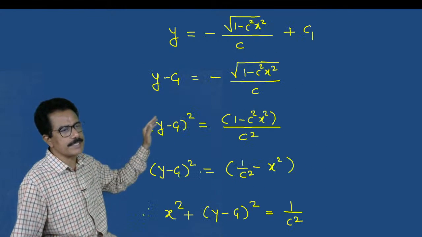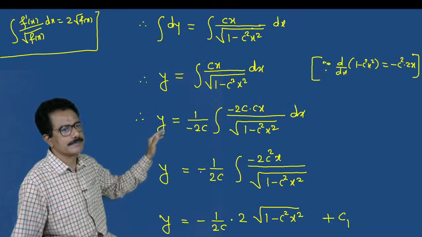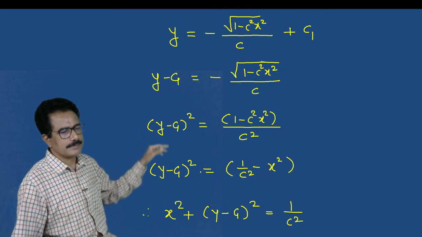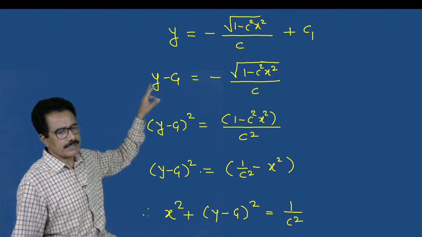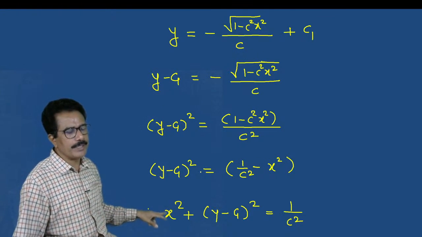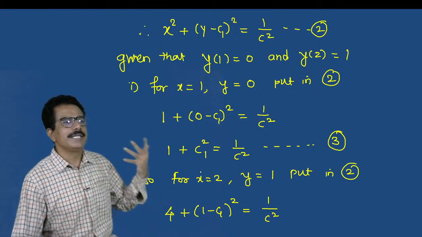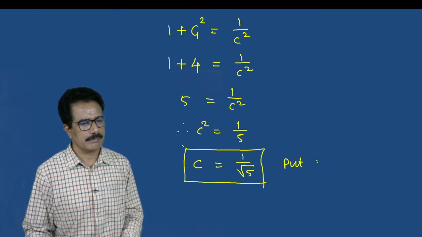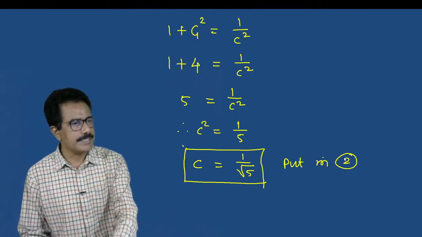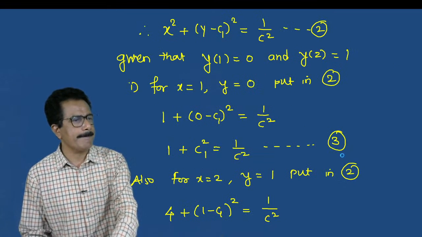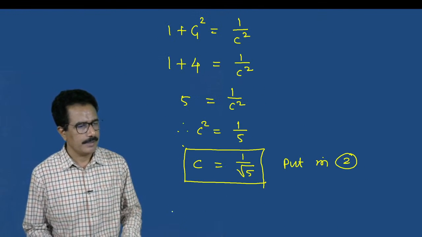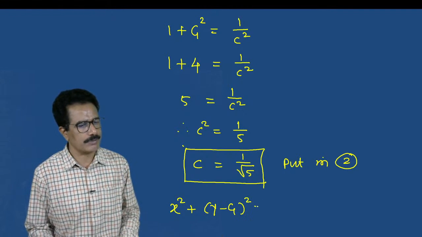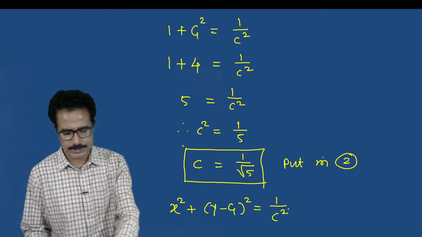Put these values of c and c1 in equation 2. What is that 2? x square plus (y minus c1) whole square is equals to 1 upon c square.